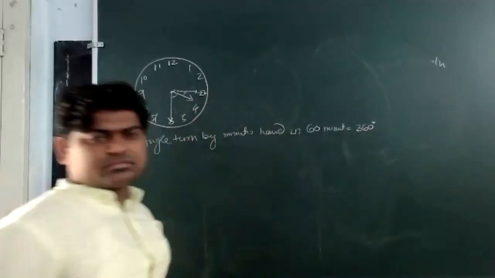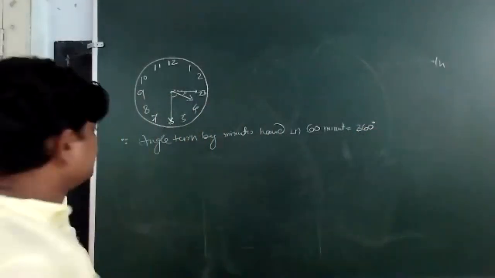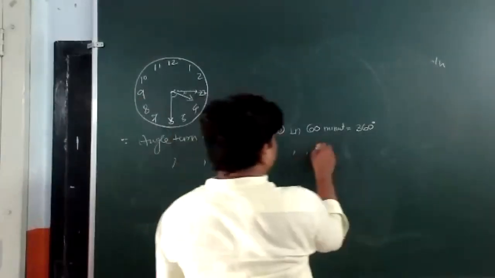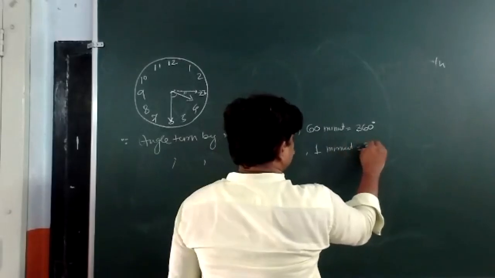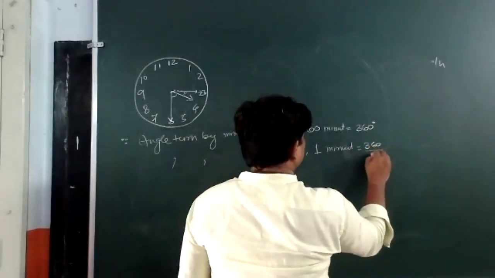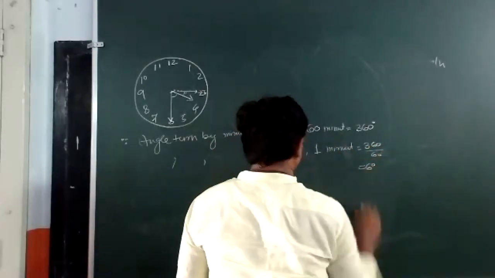Am I correct or not? 360 degree. So that will turn in 1 minute: 360 upon 60 is equal to 6 degree.